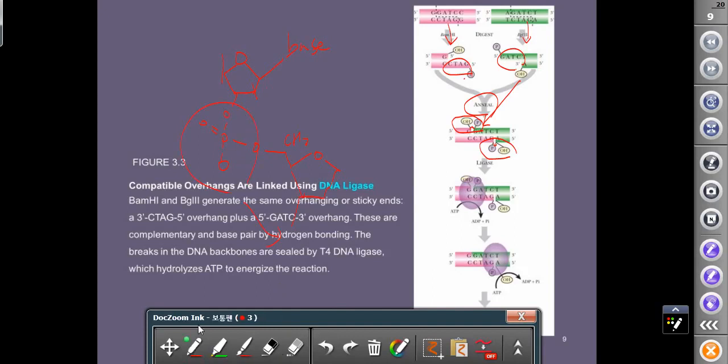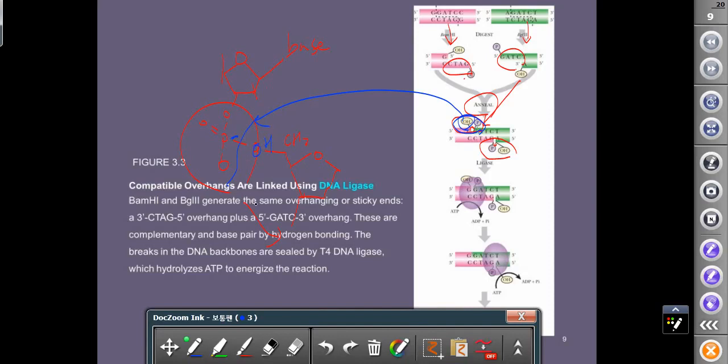All right, let me change the color here too. And this here, this is broken. So now you have to recover this phosphodiester bond again, and here this OH corresponds to this, and this P is this with minus here.